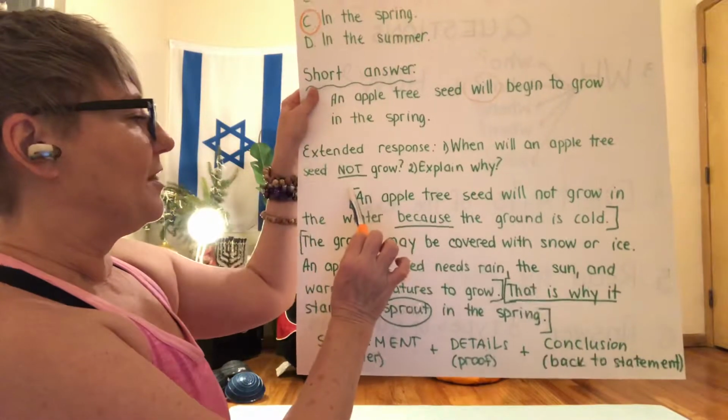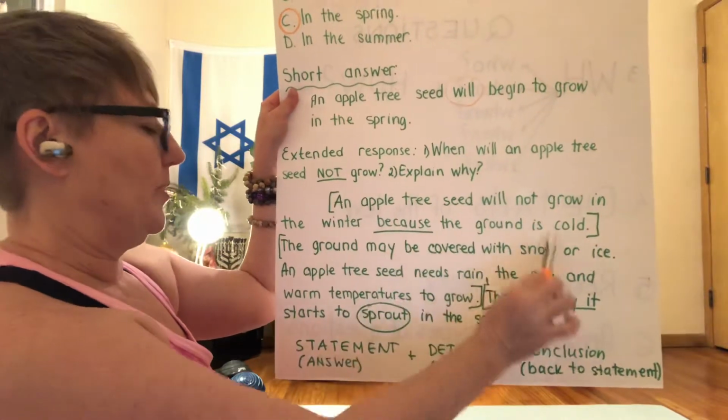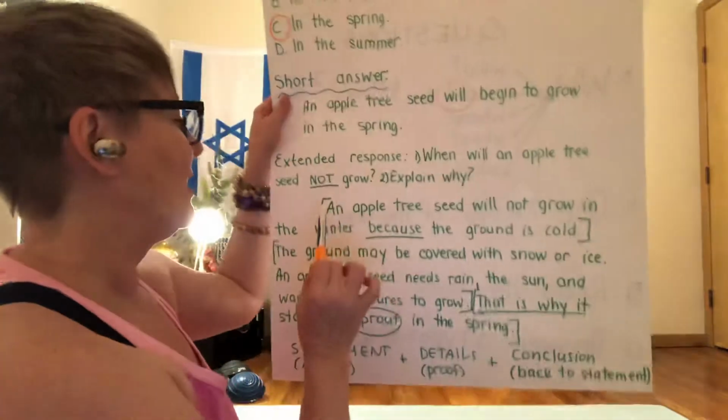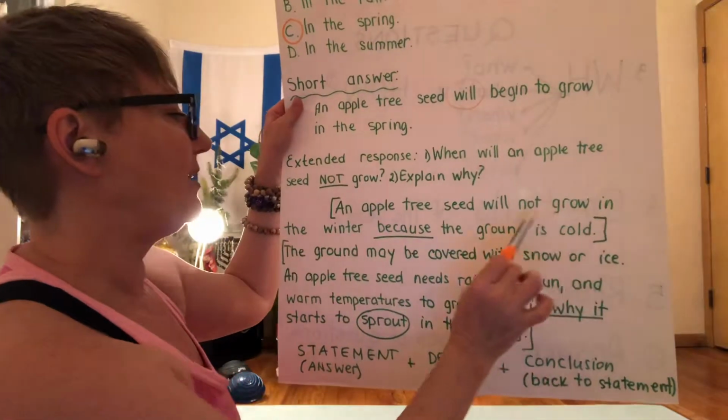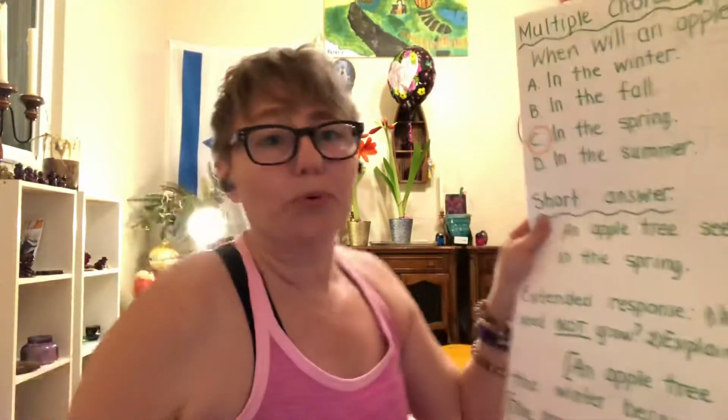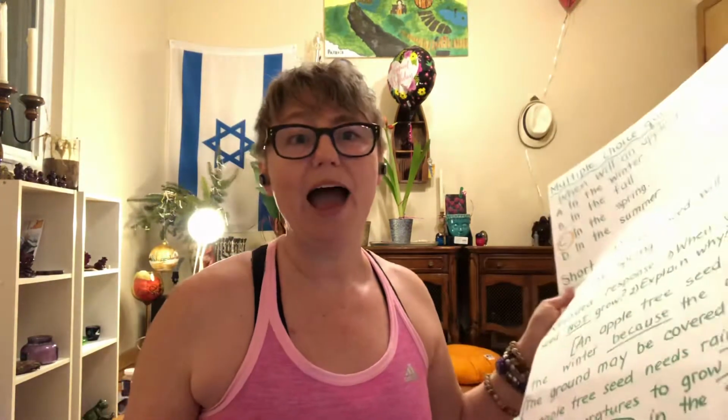So, this is our statement or answer or introduction. An apple tree seed will not grow in the winter. You probably noticed how we have the word because inside this statement.